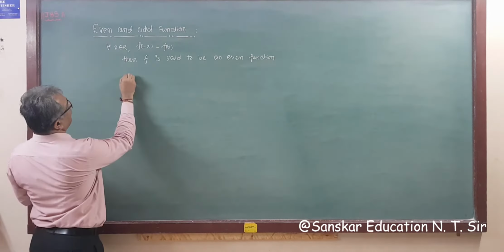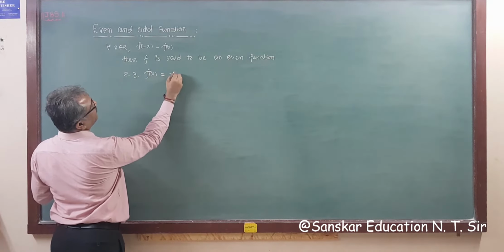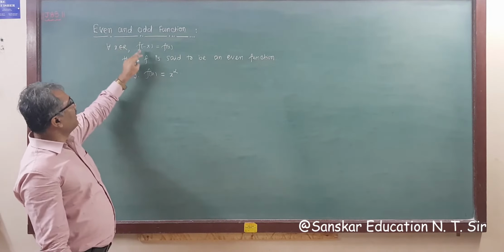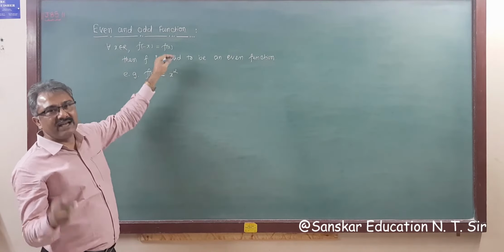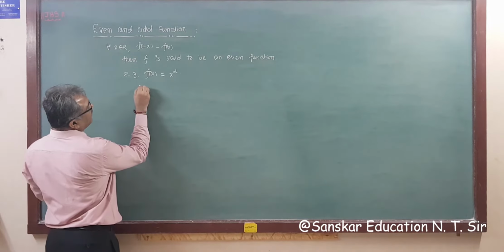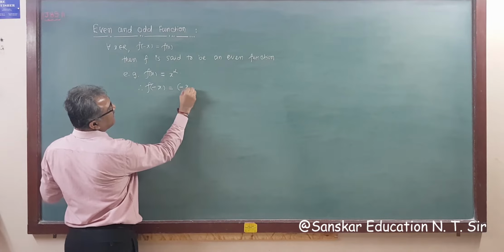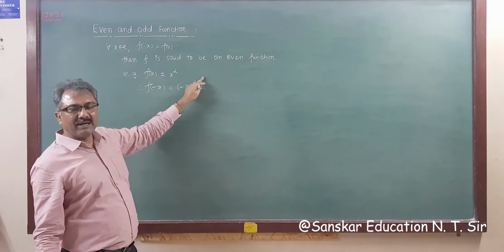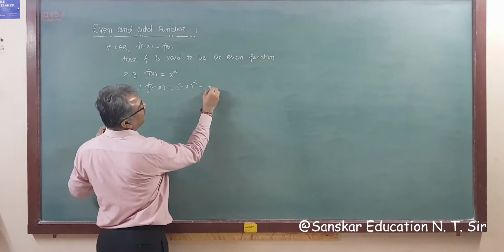For example, if we take fx is equal to x square. Now instead of x, if we substitute minus x and the answer is fx, then the function is said to be an even function. So if we take minus x, then this is minus x whole square, and minus to the power of an even number is always positive, so we will get x square.